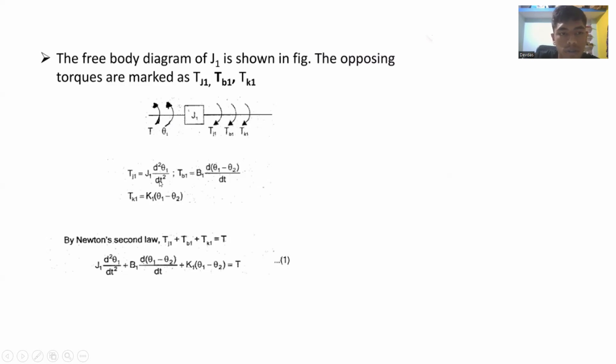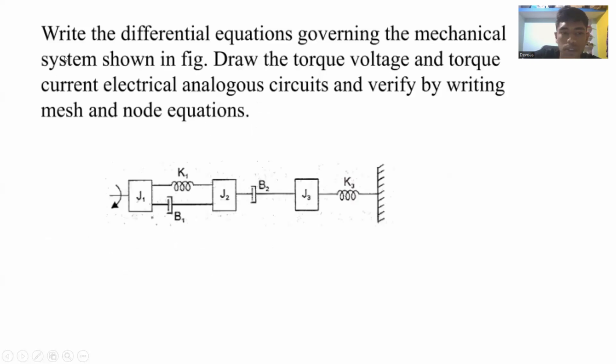Along with J1, it's the double differentiation d square theta, along with B, it is the differentiation of theta, and along with spring constant K, it's just theta. Here you can see that it's theta1 minus theta2, because we'll go back to the previous page. You can see here that the spring constant K1 is being shared by J1 and J2.